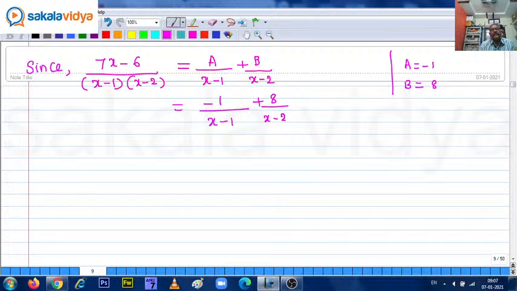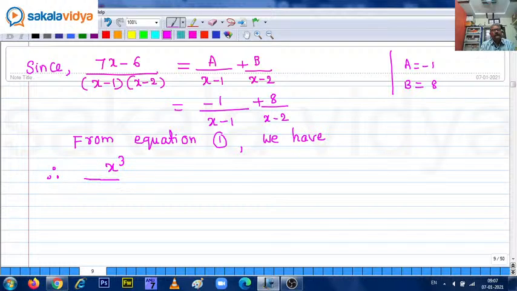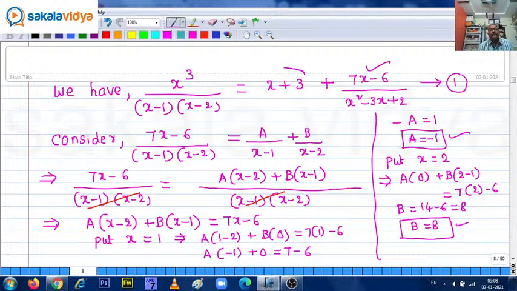But we need partial fractions of the given problem. So from equation 1, we have therefore x cube by x minus 1 into x minus 2 partial fractions equals to, go back to equation 1. Here x plus 3 is there, plus partial fractions of this one we need to write.